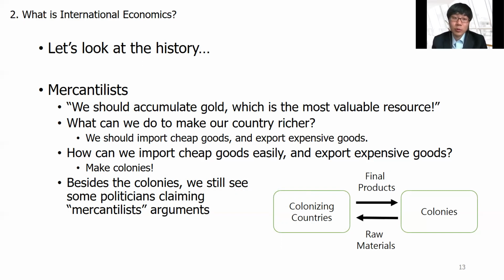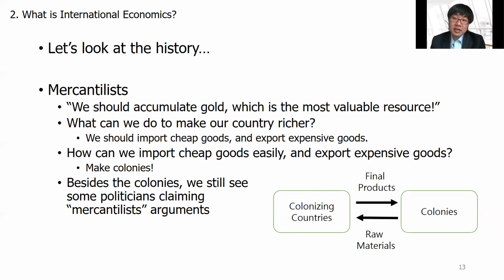The easiest way was to make colonies. The colonizing countries would import the raw materials from the colonies and then sell the final products to the colonies. So that was the old times when that was possible. But right now it is not possible, right?